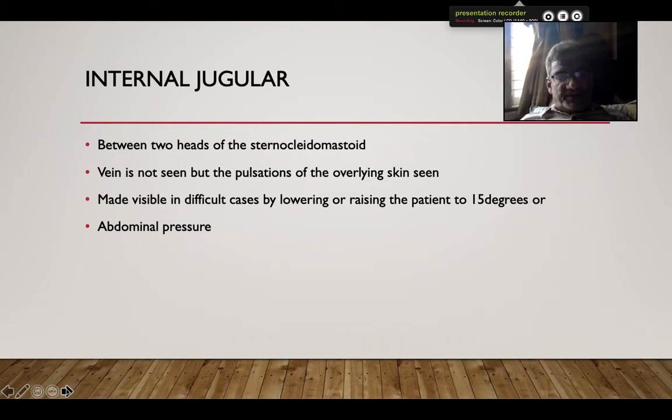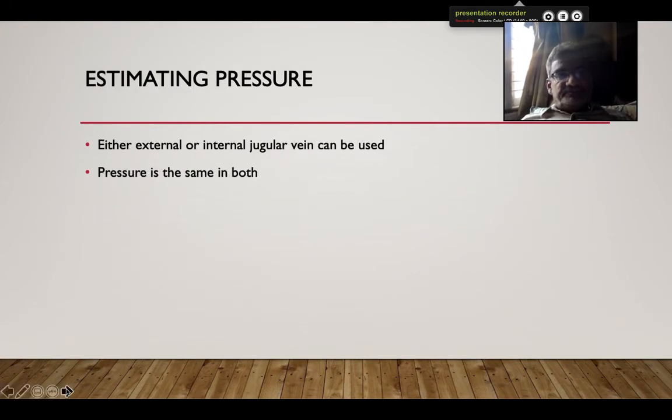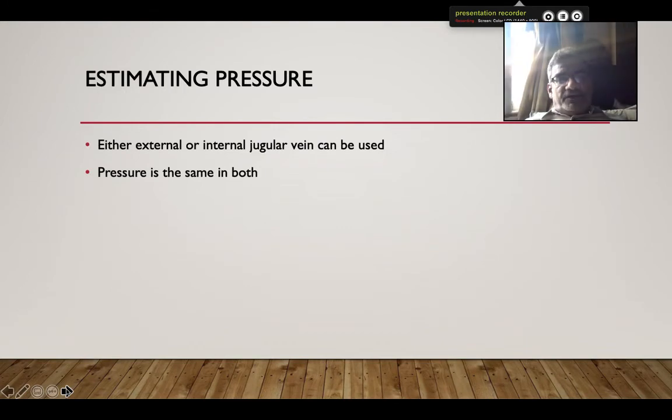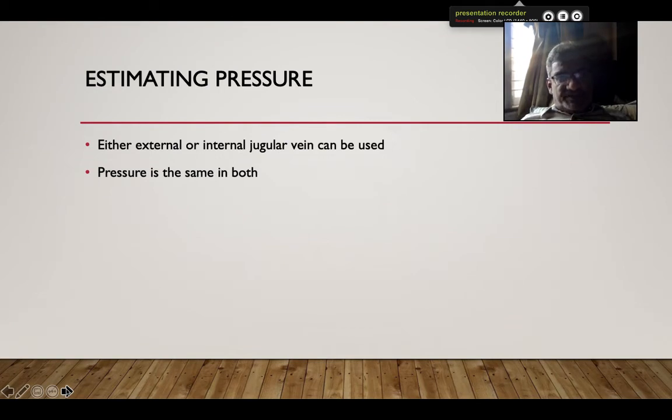Exerting pressure over the abdomen again makes the internal jugular vein more visible. As per standard books and the New England Journal of Medicine, either of the veins can be used for estimating pressure, but for exam purposes, it's better that you say you make use of the internal jugular vein, but the pressure in both the veins is almost the same.